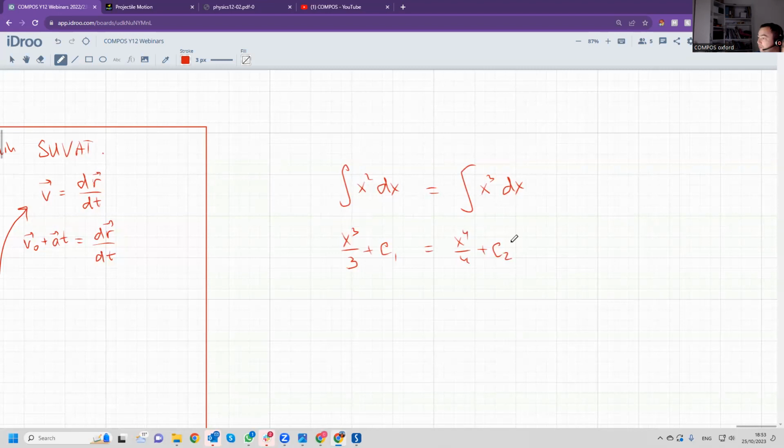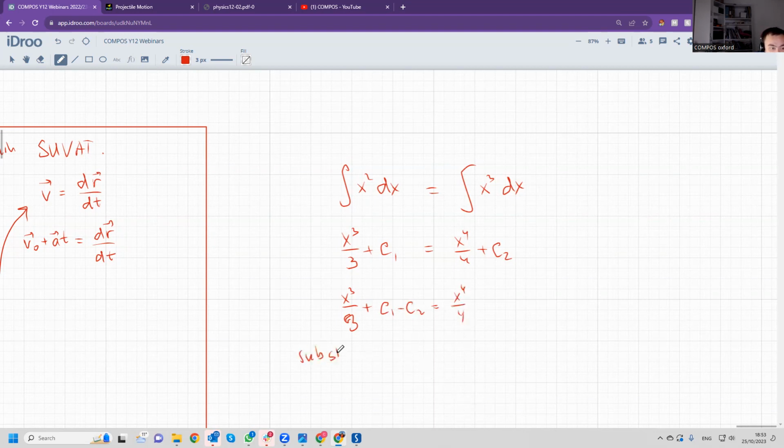You have two different constants, of course. But if you move c2 to the left or to the right, it doesn't matter which way. It's going to be x cubed over 3 plus c1 minus c2 equals x to the power 4 over 4.